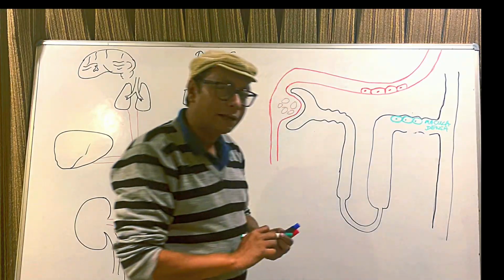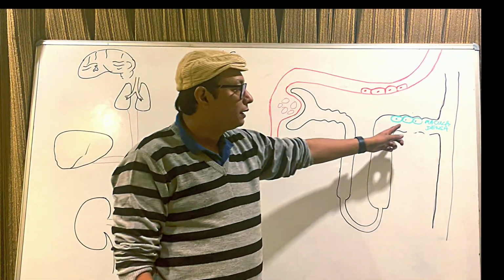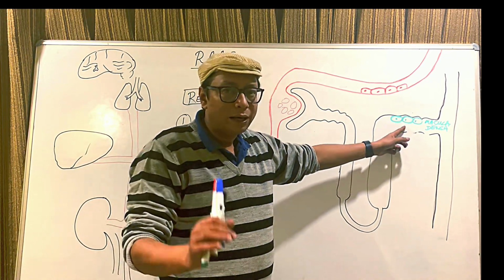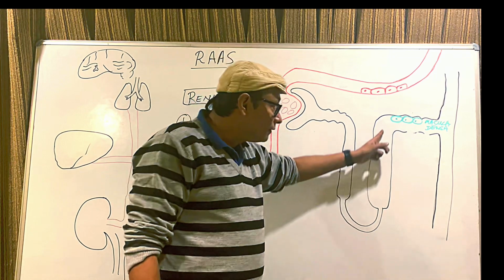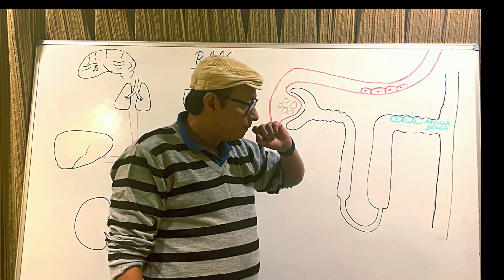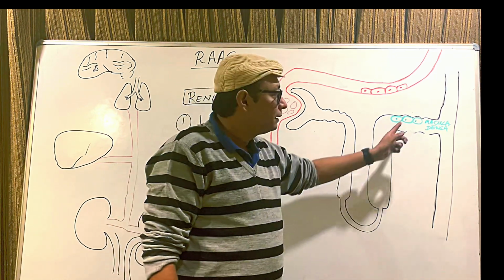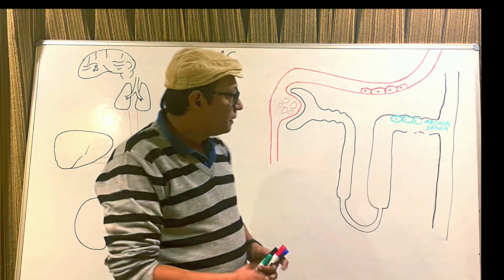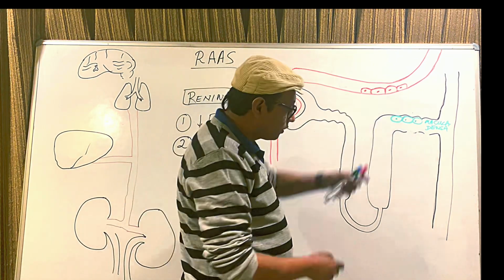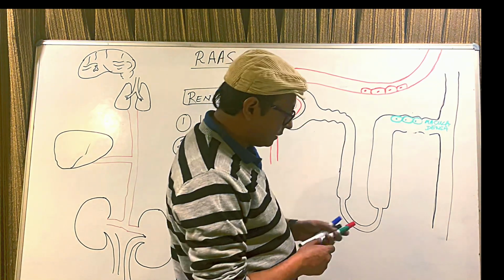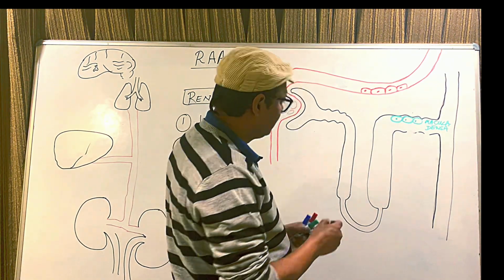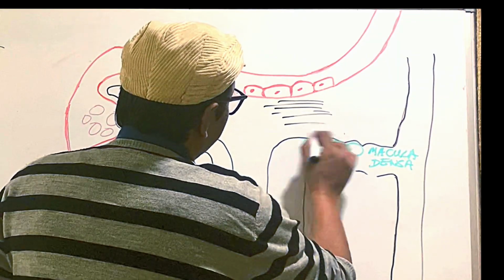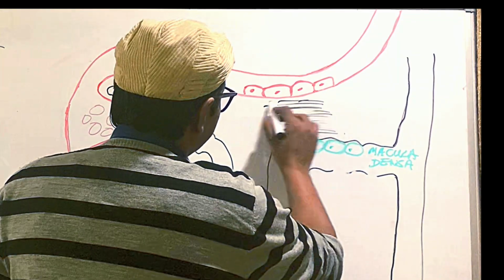So what are these macula densa? They are actually chemical sensors, specifically electrolyte sensors. Whenever there is a drop in sodium in this content, these macula densa cells can sense it. So these cells can crosstalk with the juxtaglomerular cells. There is some kind of cellular matrix present.